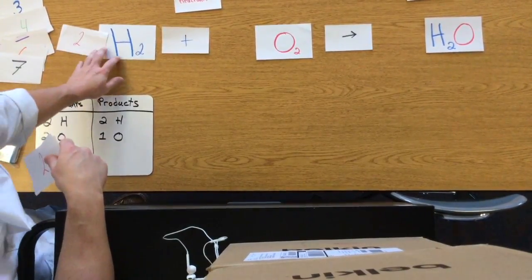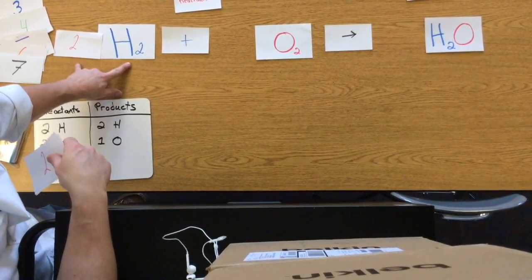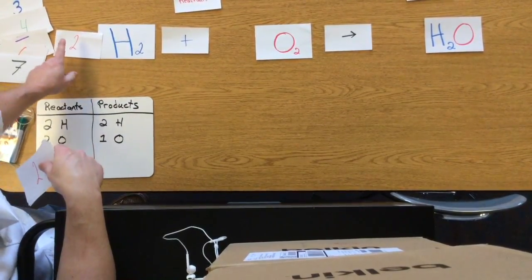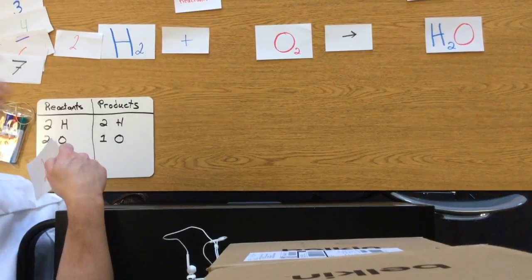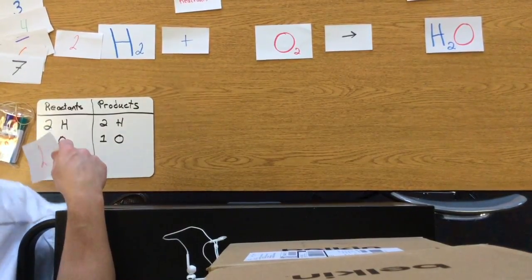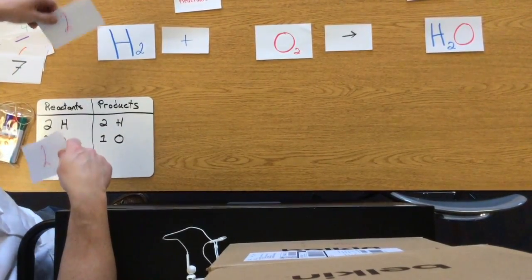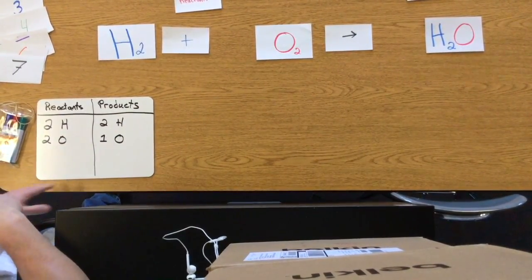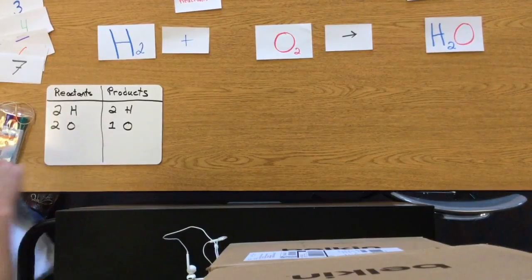Real quick as a side note, of the two types of numbers you see in a chemical formula, you have coefficients, which you can change, and subscripts, which you do not change. Those will always stay the same.